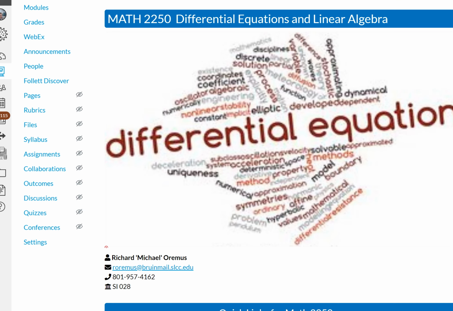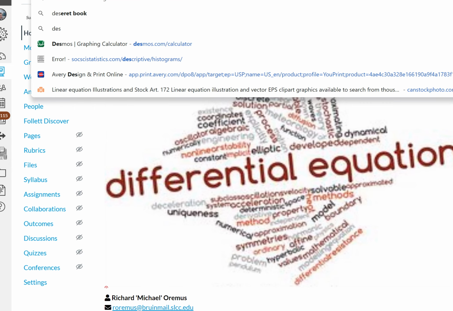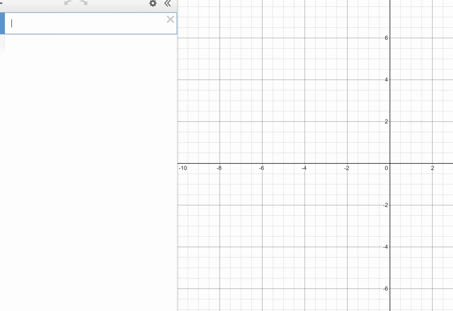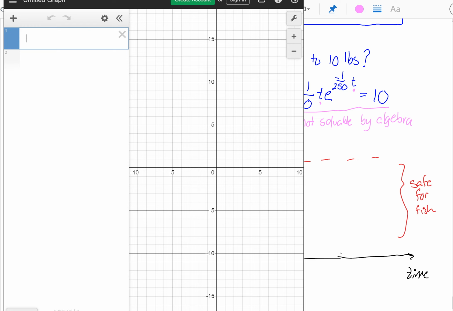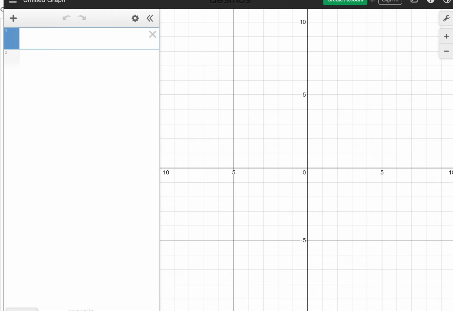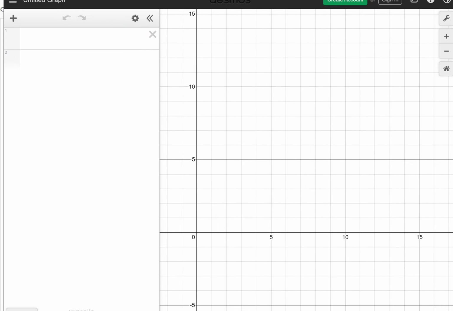You can use any graphing tool that you like, but if you could, go to the web and let's go to Desmos.com. Let me try and get this to fit in our window nicely. Okay. And let's put in the function that we're working on.